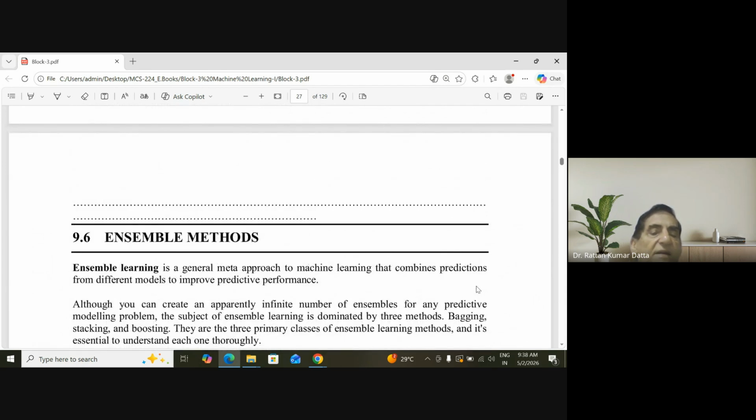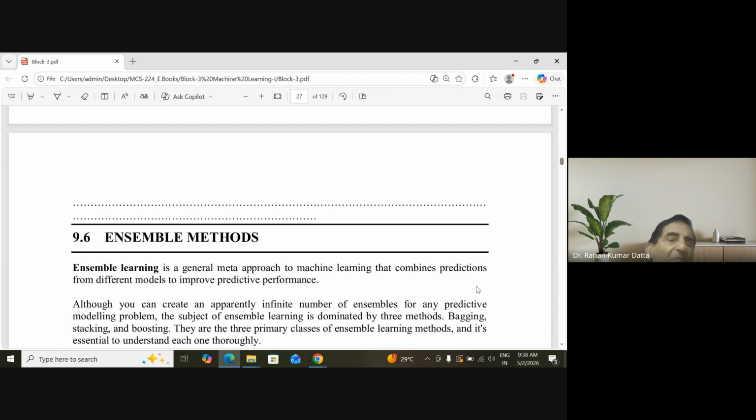Ensemble learning is a general meta approach to machine learning that combines predictions from different models to improve prediction. So for various data, different models have been developed. Each model has proven successful in certain areas, but not very successful in other areas. But there are 3-4 models. All these models are used for the final output, and then some ensemble mean is taken of the output.